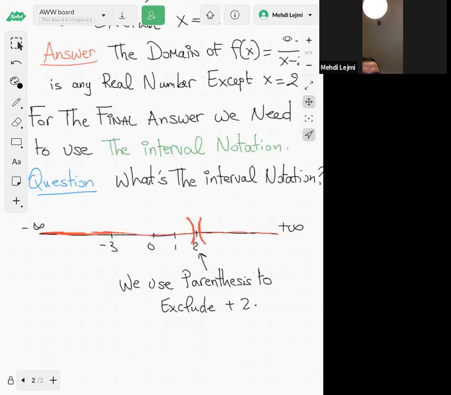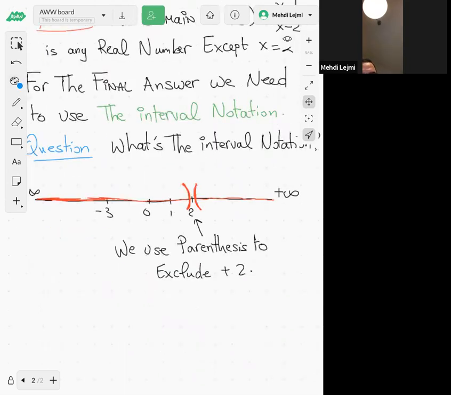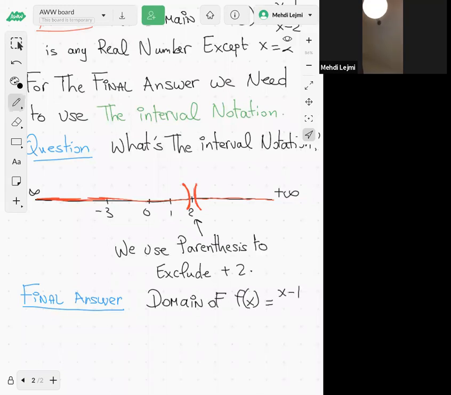All right, so what's the final answer then? Well, the final answer, and this should be your answer in the test or in the final: the domain of f of x, which we said is x minus 1 over x minus 2, is... you see here, I have this number line.